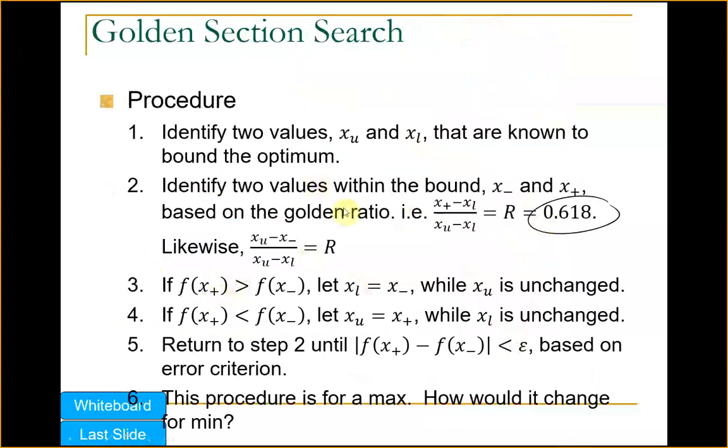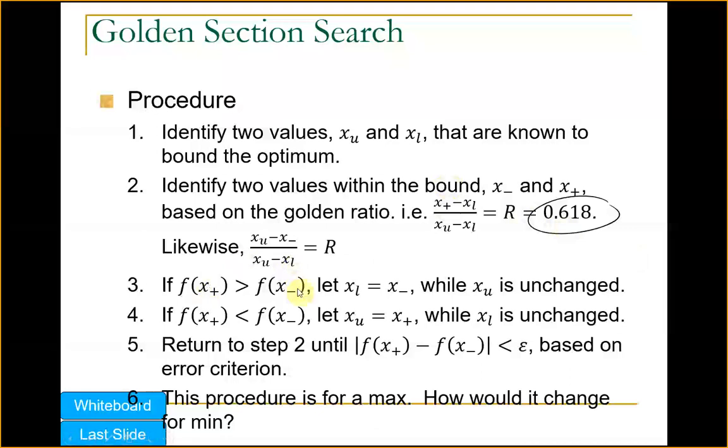We identify the two values, this is just for the first case. You have your upper and lower bound. You identify two values within the bound based on the golden ratio. Everybody understand the two values? Now you calculate the function of the two values.